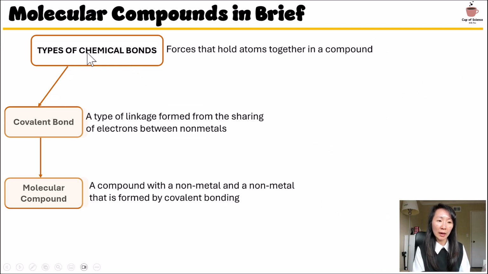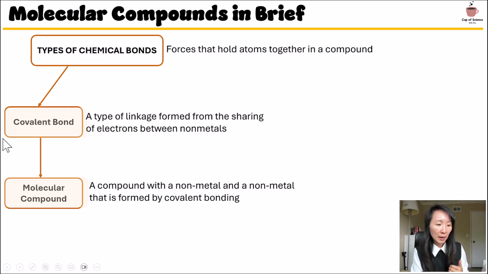So we know that chemical bonds are some kind of force that puts atoms together into a compound. Now, that covalent bond that I was talking about is a linkage between a nonmetal and another nonmetal, okay? And there is bonding occurring because of the sharing of electrons.